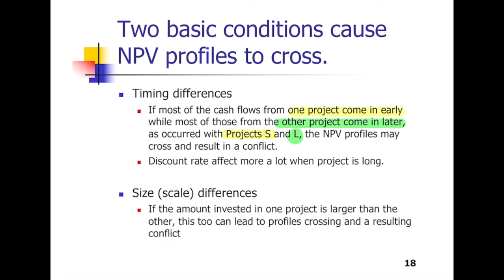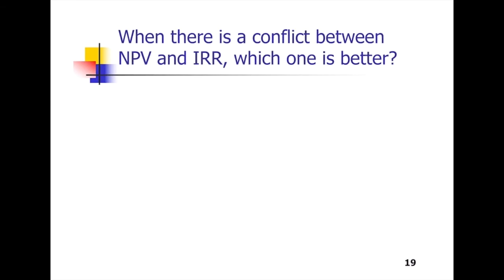So we can conclude these two basic conditions cause MPV profiles to cross. There is a conflict between the MPV and IRR methods. Which one is better? Yeah, the answer is MPV is better. Why? MPV corresponds to the objective of the firm.